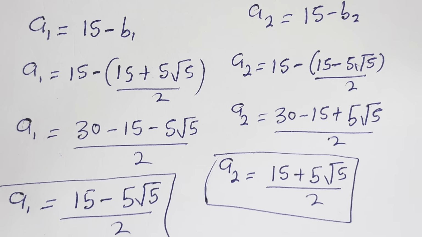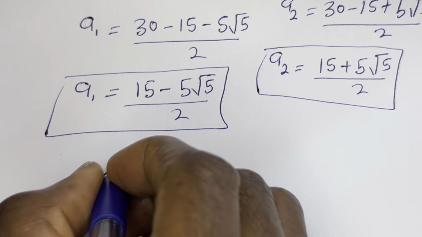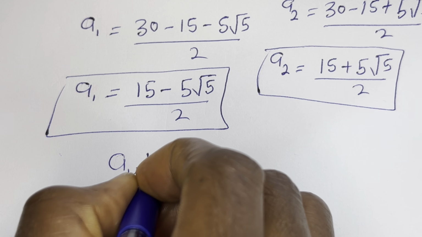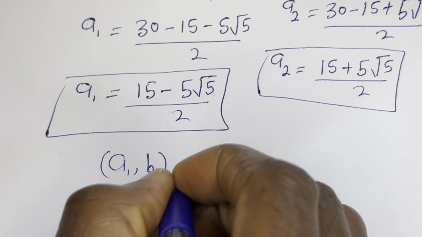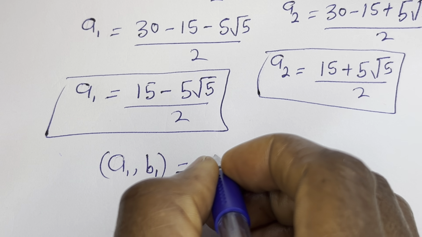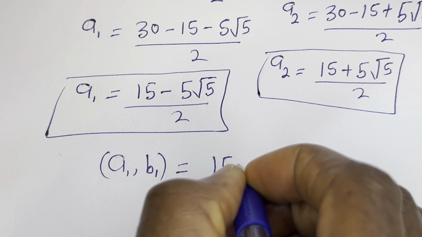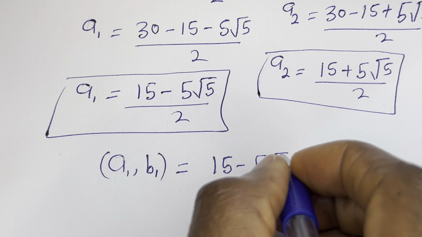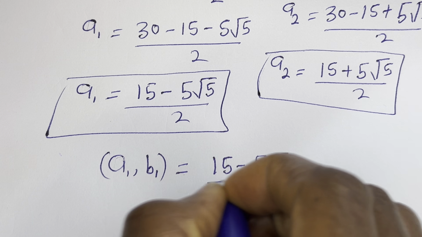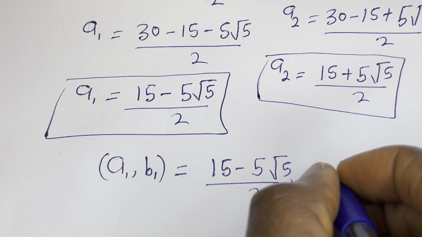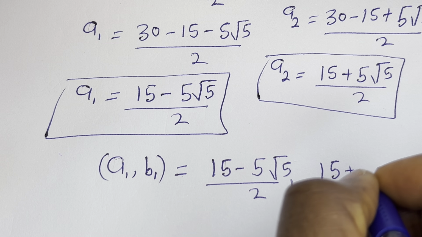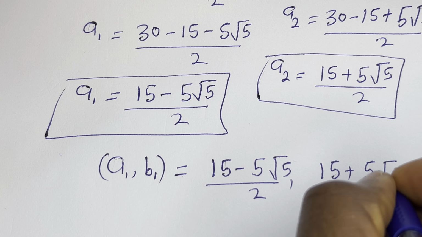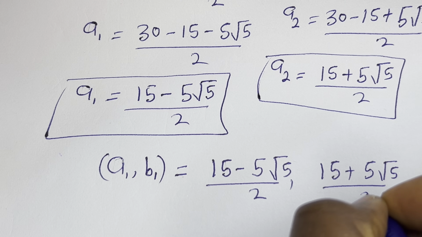Therefore, our final answers are a1, b1 is equal to 15 minus 5 root 5 over 2, 15 plus 5 root 5 over 2.